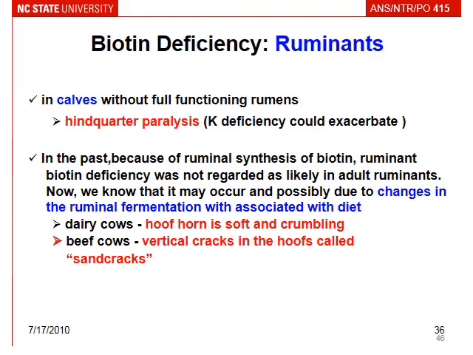So the vitamin K deficiency actually exacerbates this. We do occasionally see it in adult cattle. In our dairy cows, the hoof horn ends up being soft and crumbling. And in beef cattle, we have records of vertical cracks in the hooves, called sand cracks, that develop.